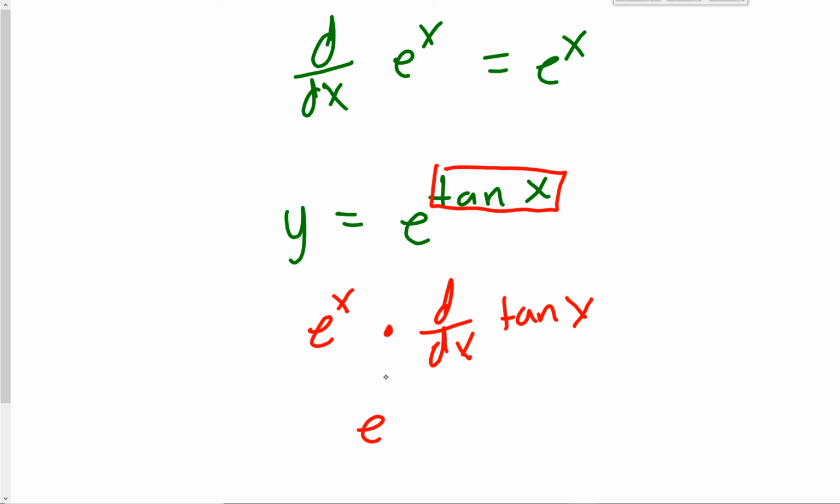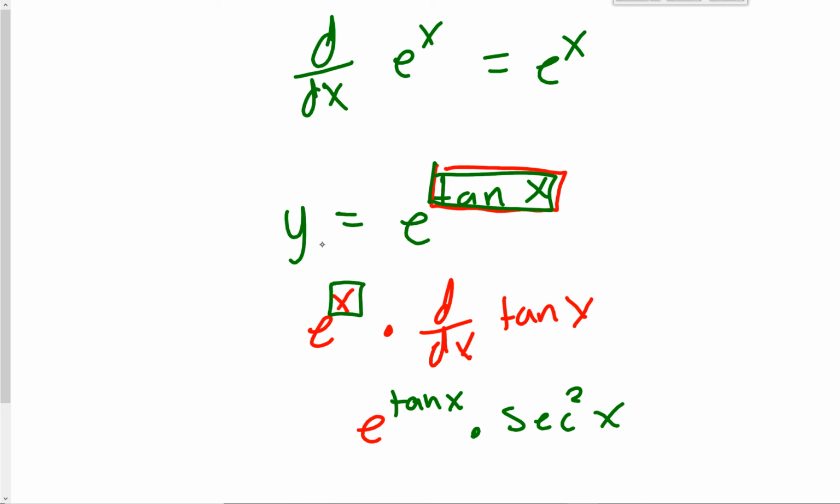So I leave the inside the same, which is tan x, so e to the tan x times the derivative of tan x, which is secant squared x.